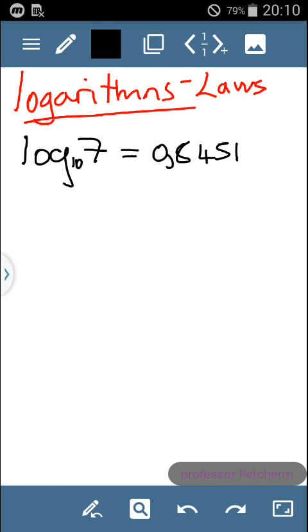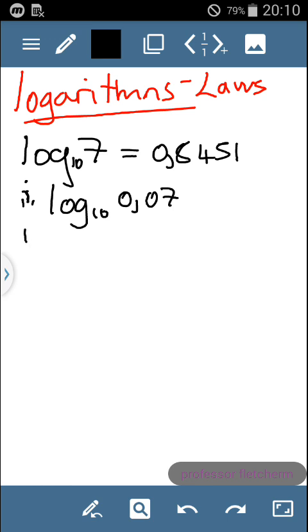Then the question comes, this will be our question, part A. Part 1: evaluate, in other words find the numerical value of, log 0.07 base 10.